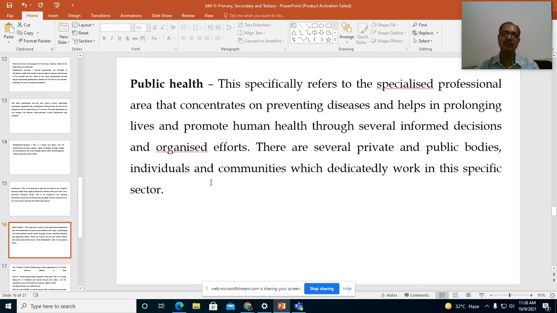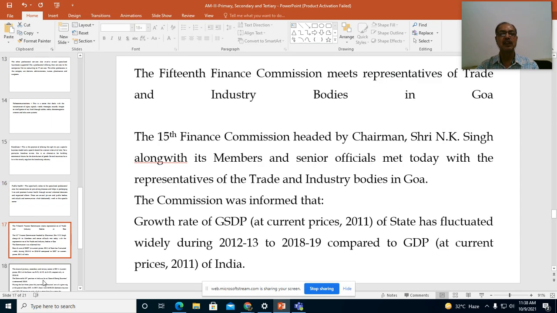Public health is a specialized professional area that concentrates on preventing diseases and helps in prolonging lives. You can take the example of different hospitals, and you can also see here our data about how the different sectors of industry contribute. This is from the Finance Commission of India, and they have contributed here.